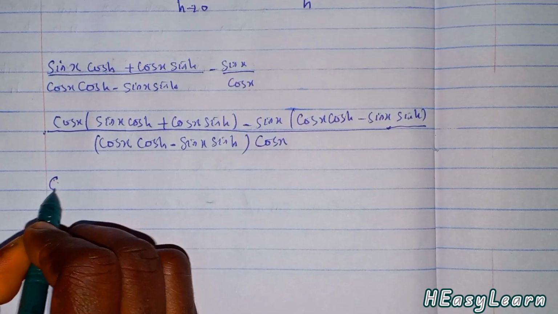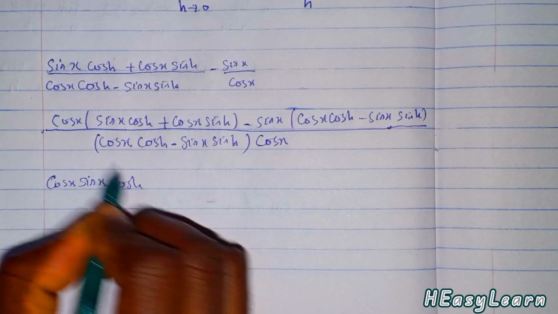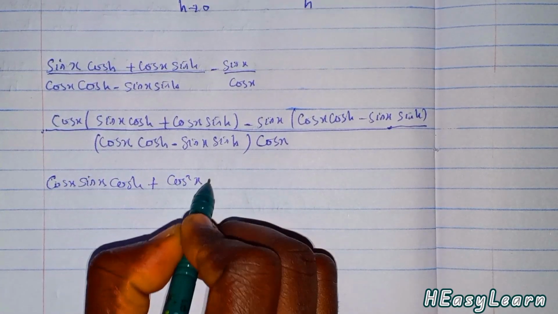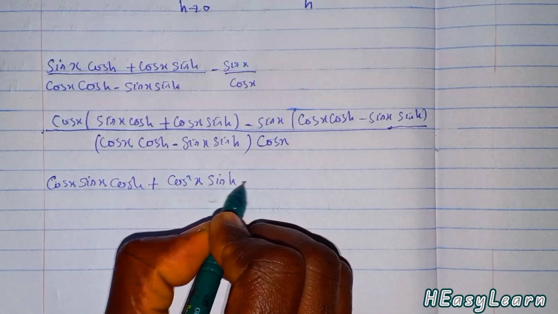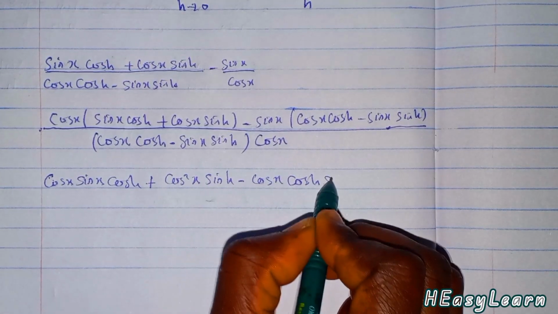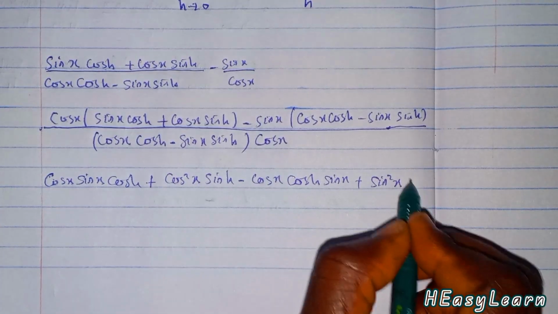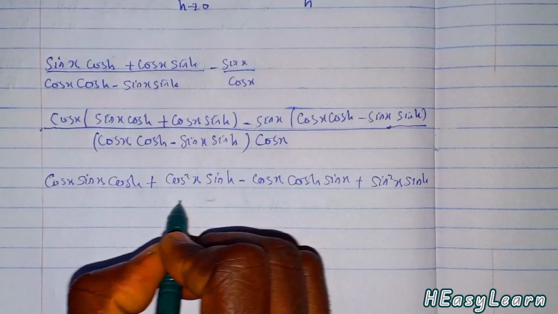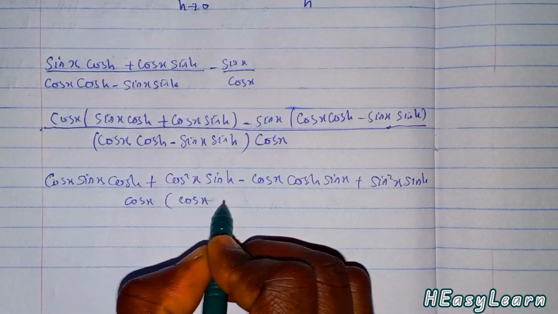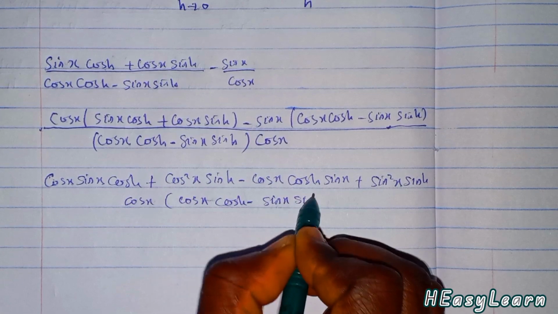This is the same thing as cos x sin x cos h. Use this to open the bracket: plus cos square x sin h, minus cos x cos h sin x, plus sin square x sin h, over cos x into cos h minus sin x sin h.